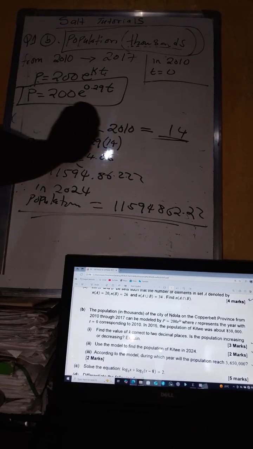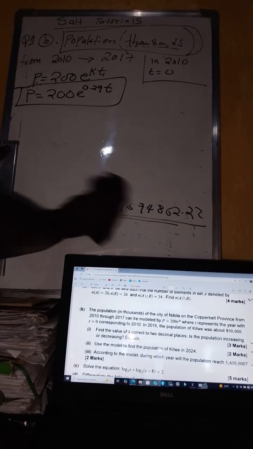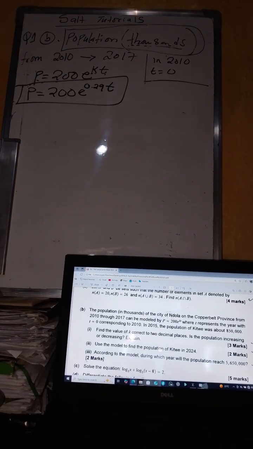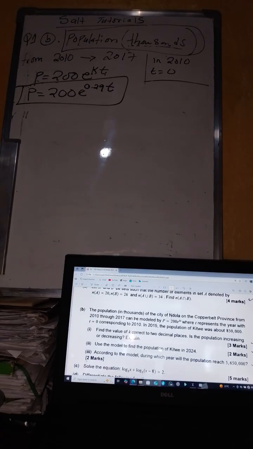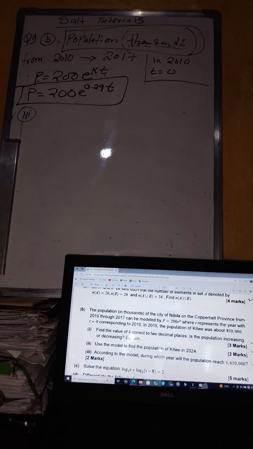So this can be deleted. So what am I going to have? This is Roman numeral 3. So Roman numeral 3 says, in which year?